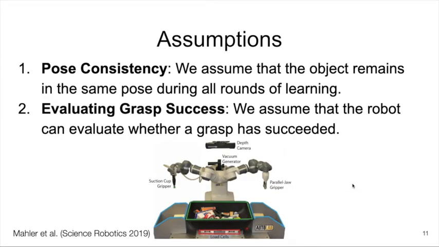Here, we discuss the assumptions. First, we assume that the object remains in the same pose during all rounds of learning. Secondly, we assume that the robot can evaluate whether a grasp has succeeded.